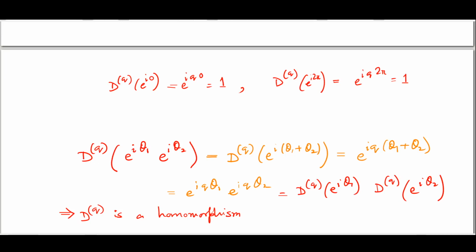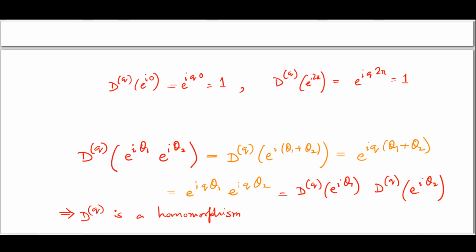To check whether this really is a homomorphism is almost trivial, but let's work it out anyway. d_q acting on the product e to the i theta 1 times e to the i theta 2 is the same as d_q acting on e to the i (theta 1 plus theta 2), and that gives us e to the iq (theta 1 plus theta 2), and that's e to the iq theta 1 times e to the iq theta 2, which is of course d_q of e to the i theta 1 times d_q of e to the i theta 2.